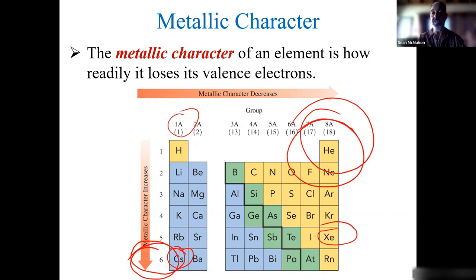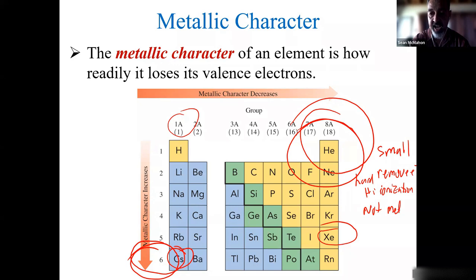And it all has to do with size. These are really small atoms, so harder to remove electrons, right? So that makes them high ionization energy. Not metallic. In fact, we said earlier, on this side, we have non-metals, so they're not metallic.